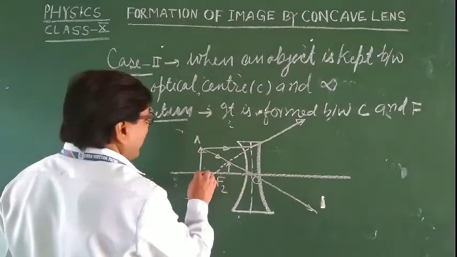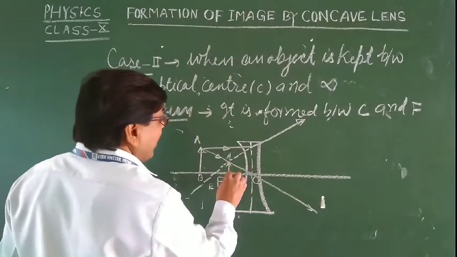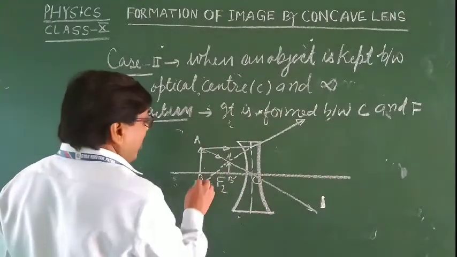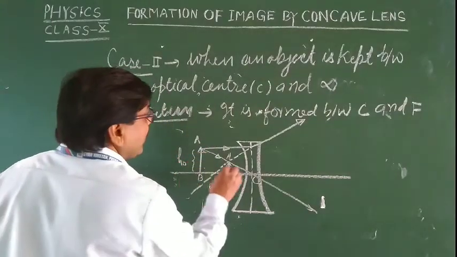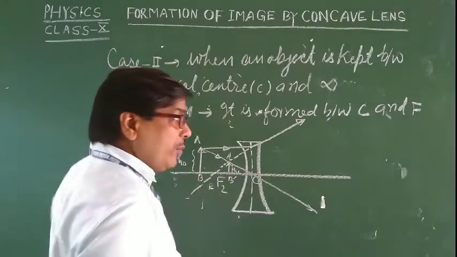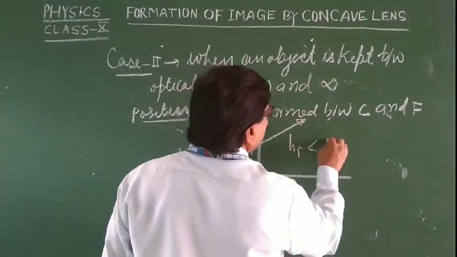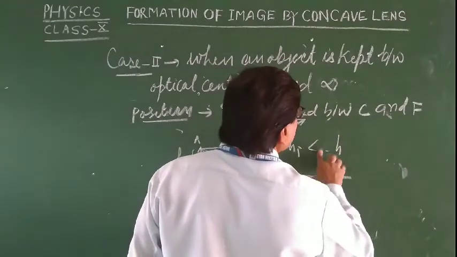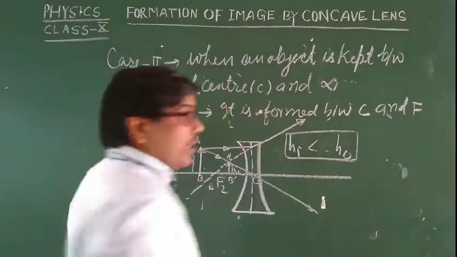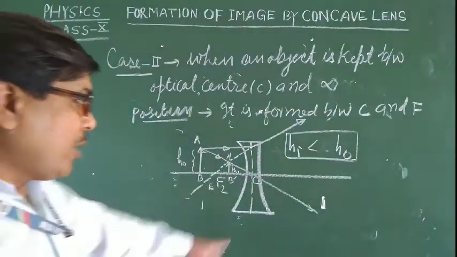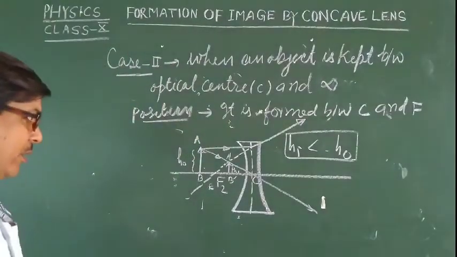A'B' is the image, AB is the object, and here is HO. This is HI, the height of image. So the height of image is less than the height of object. That means a diminished image is formed.